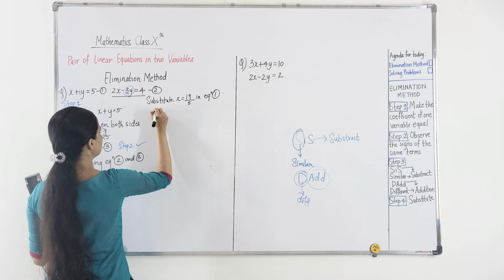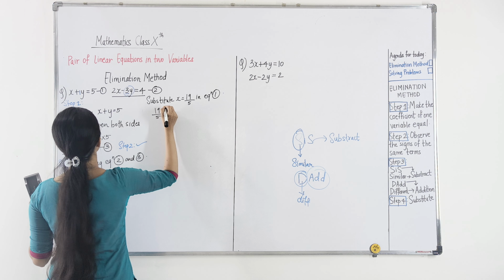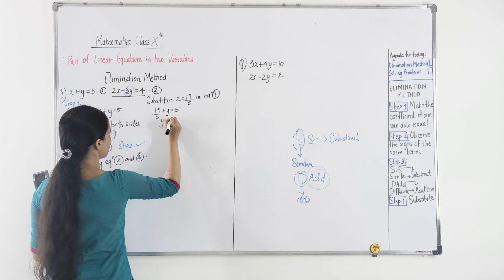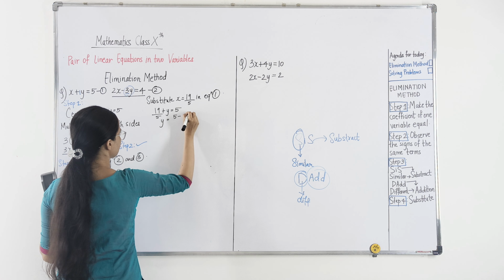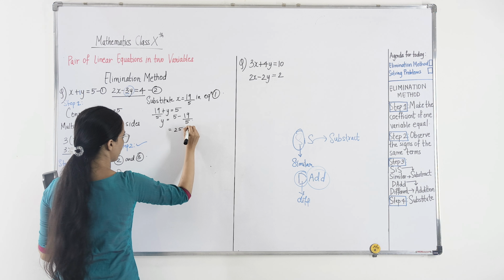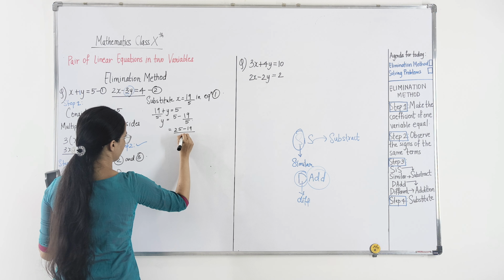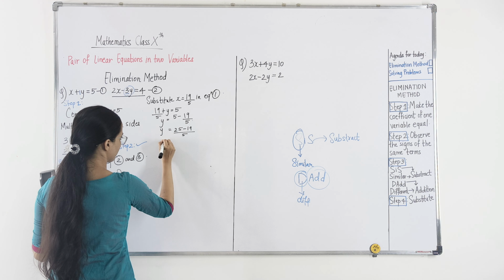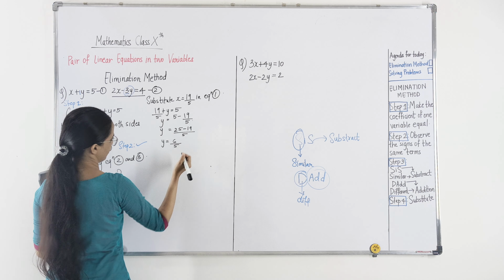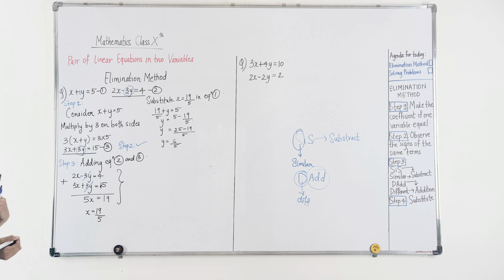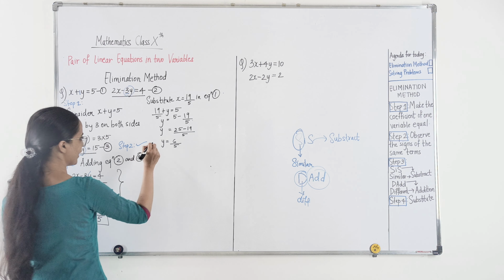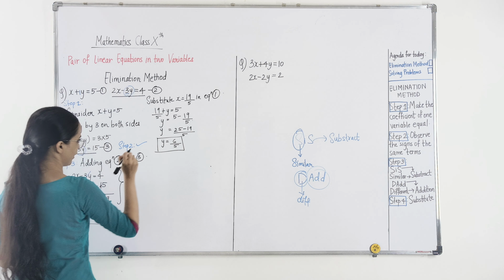So what we will get is 19 by 5 plus y equals 5. y would be equal to 5 minus 19 by 5. So that is 25 minus 19 upon 5, so y would be equal to 6 by 5. So we got x as 19 by 5 and y as 6 by 5.